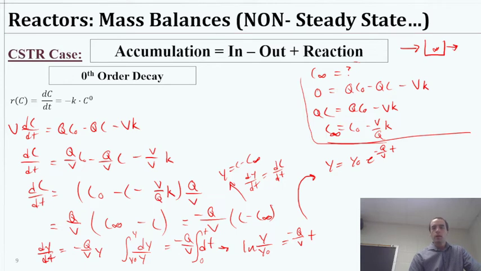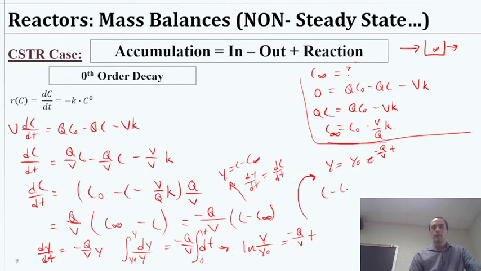And just as a quick check, Q over V, that's again the inverse of our hydraulic retention time. So that's 1 over time times time gives us a unitless exponent there, which is great. So then, now we can put in our terms and replace back, instead of Y, we take C minus C at infinity.